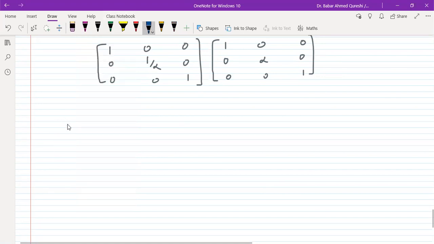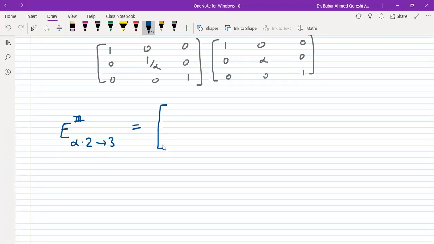Now for the third type, suppose you multiply the second row with alpha and add it to the third row. So we know what we need to do. Multiply the second row with alpha and add it to the third row. That's the elementary matrix.